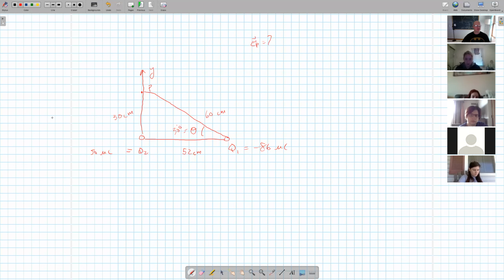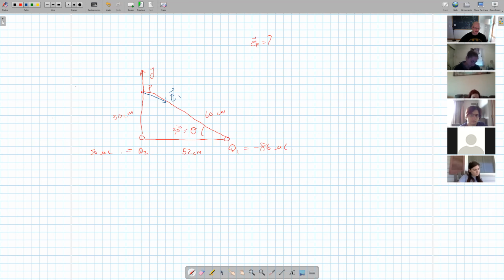So the first thing we're going to do is exactly the same thing we did with forces, which is draw our vectors. Here we're going to draw our electric field vectors. First, from Q1, we know Q1 is a negative charge, which means that the electric field has to point radially towards Q1. So in this case, it's going to point down in this direction. This is going to be electric field E1.